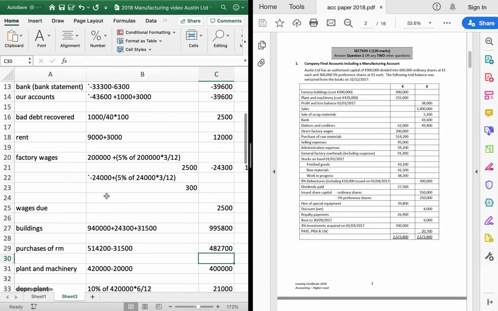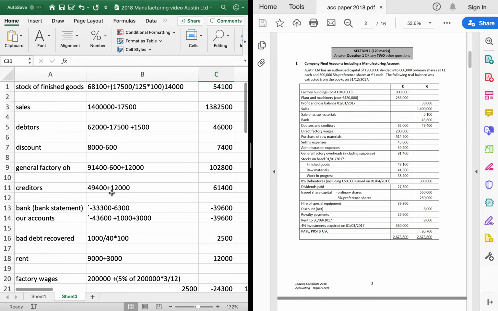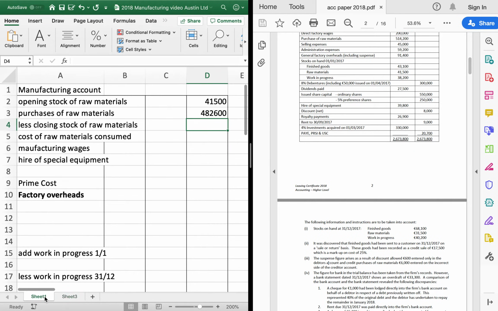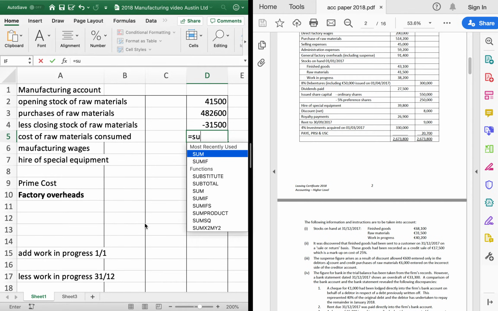Your closing stock of raw materials, that's one of the first ones we had. Sorry, closing stock of raw materials is down here, 31.5. That generally doesn't change. So that gives you your cost of raw materials consumed.